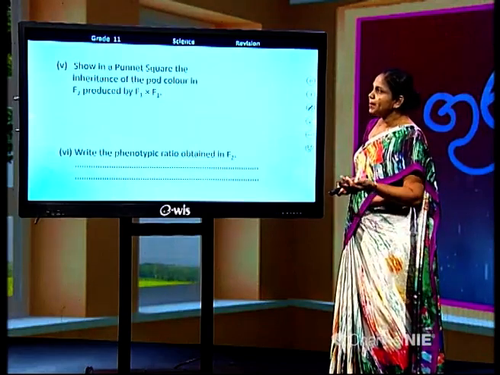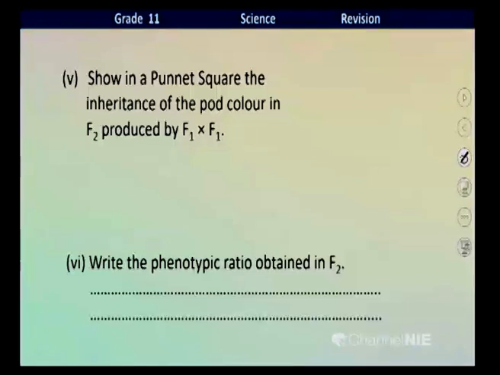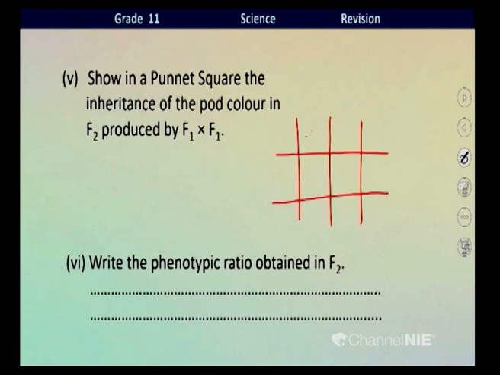Show in a Punnett square the inheritance of the pod color in F2. Here this is the Punnett square, children. You know how to make the Punnett square. This is the F1 parents. Here when these two join, capital G capital G, capital G small g, capital G small g and small g small g.